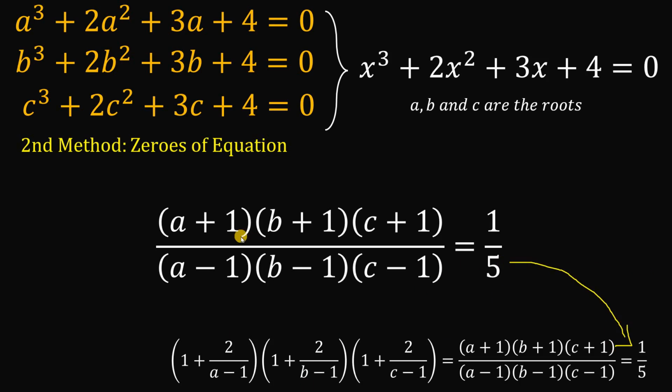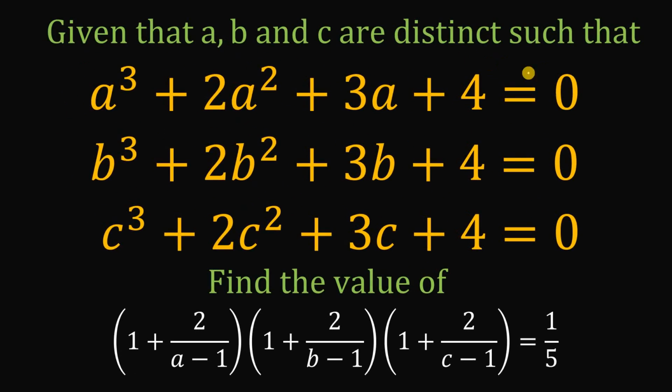Therefore, given that A, B, and C are distinct and satisfy these three equations, the value of 1 plus 2 over A minus 1 multiplied by 1 plus 2 over B minus 1 multiplied by 1 plus 2 over C minus 1 must be equal to 1 over 5. And as always, we are done.